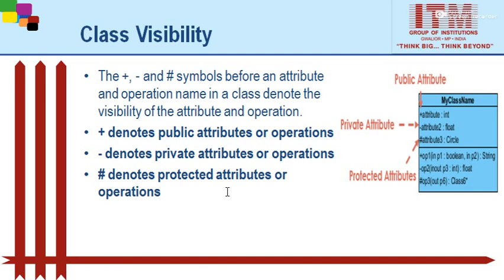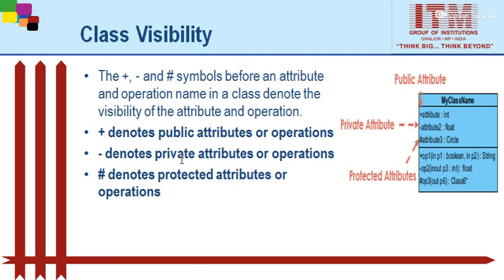For example, if we do not want to show our information outside the class, then we can do this by making that variable private. Or if we want to show our information outside the class, to everyone, then we can make that attribute public. So likewise, object-orientation through classes provides us various visibility options.